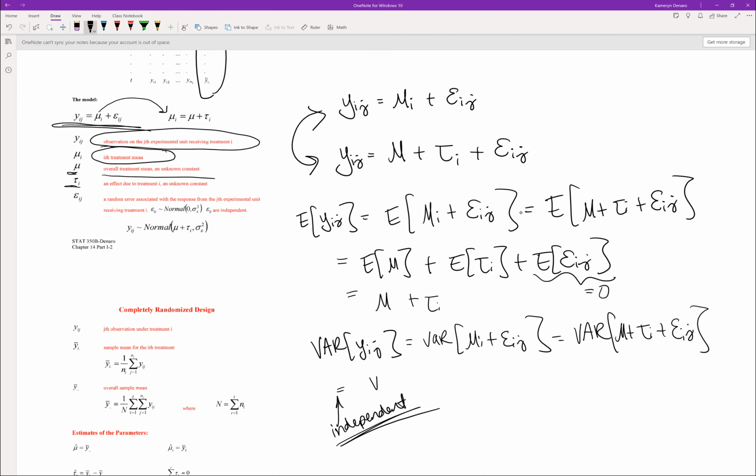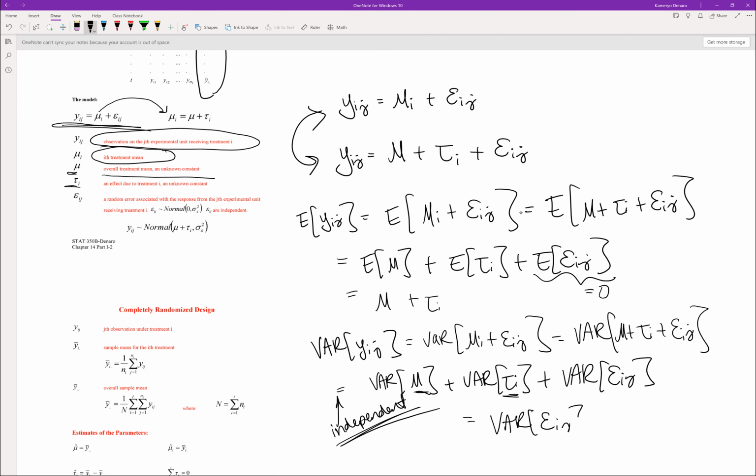So we end up just getting that this is the variance of mu plus the variance of tau I plus the variance of epsilon ij. Well, since mu is an unknown constant, the variance is 0. Since tau I is an unknown constant, then the variance is 0, and all we're left with is the variance of epsilon ij, and that we already know from the model assumptions should be sigma squared epsilon.